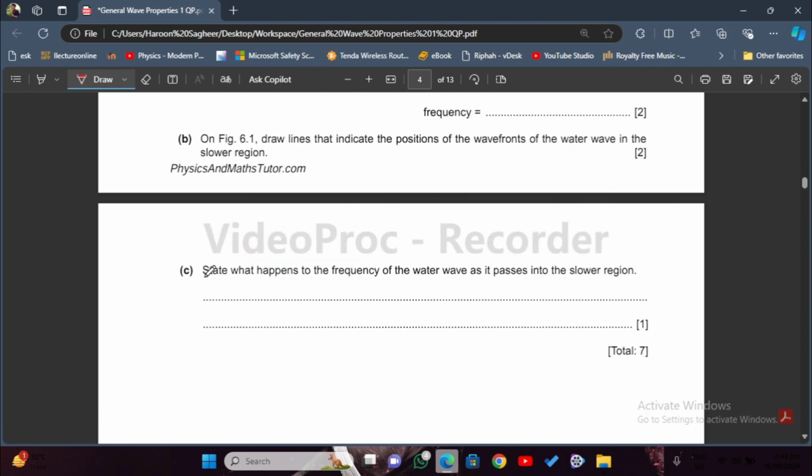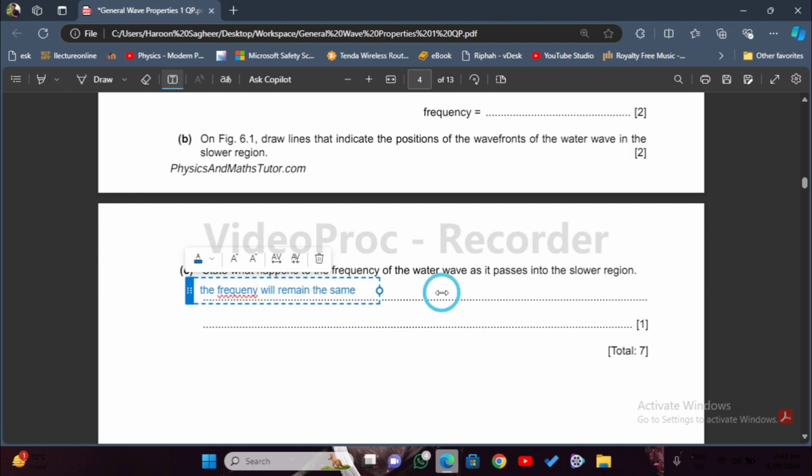Right, now in question C, state what happens to the frequency of water waves that pass through the slow region. This is something that we would always understand. This is very simple because I've already told you this. The frequency will remain the same.